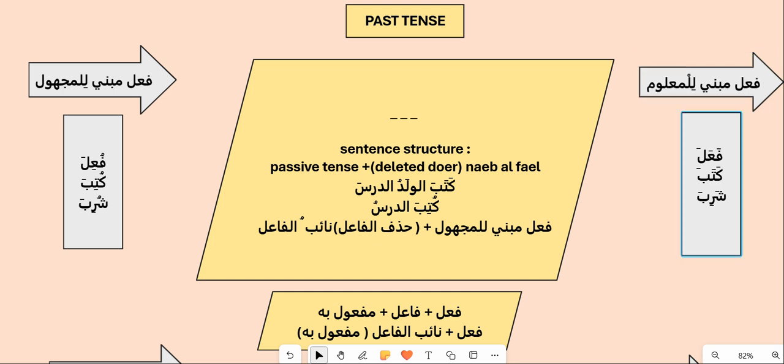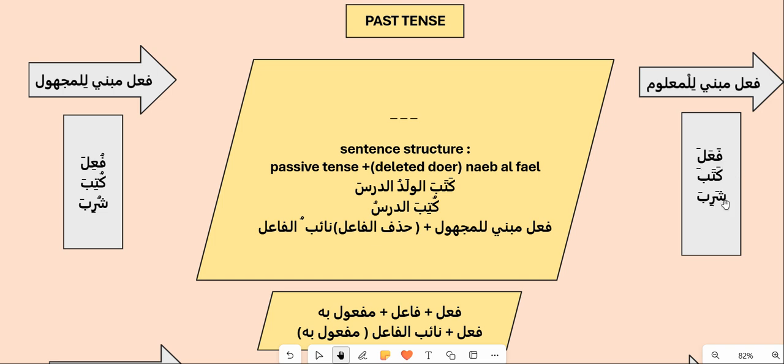Mabni means the past tense, which is always mabni. And here lil ma'lum means the known. In all these verbs, as I have taken these simple examples, you know the fail. The doer is known. That's why it is called fail mabni lil ma'lum.